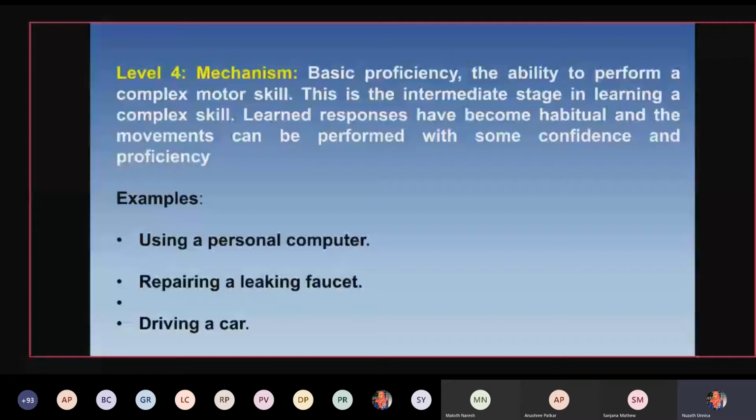These are all basic proficiencies, which come under mechanism, which is level 4 of the psychomotor domain. If you observe, all of these examples we are discussing under the psychomotor domain have something to do with movements, the actions. That is the reason the name is psychomotor.